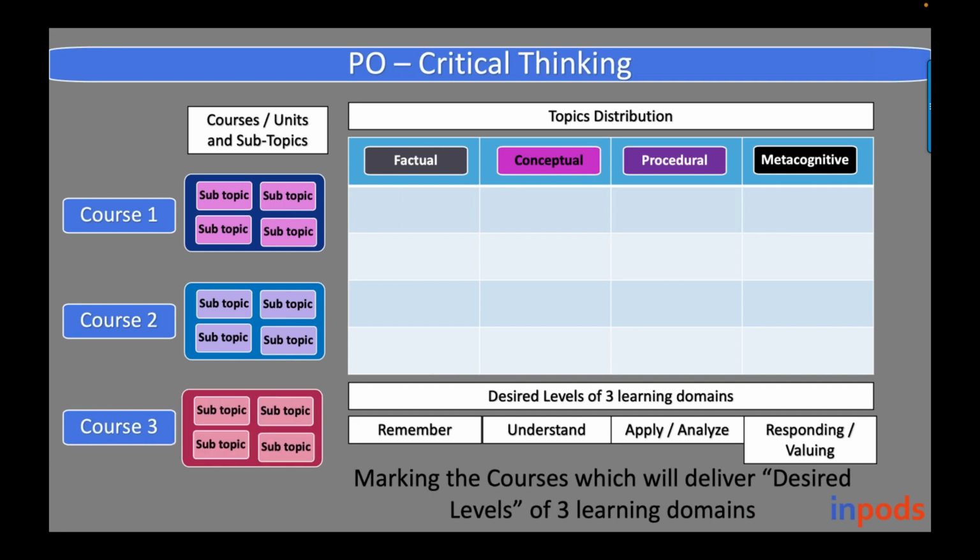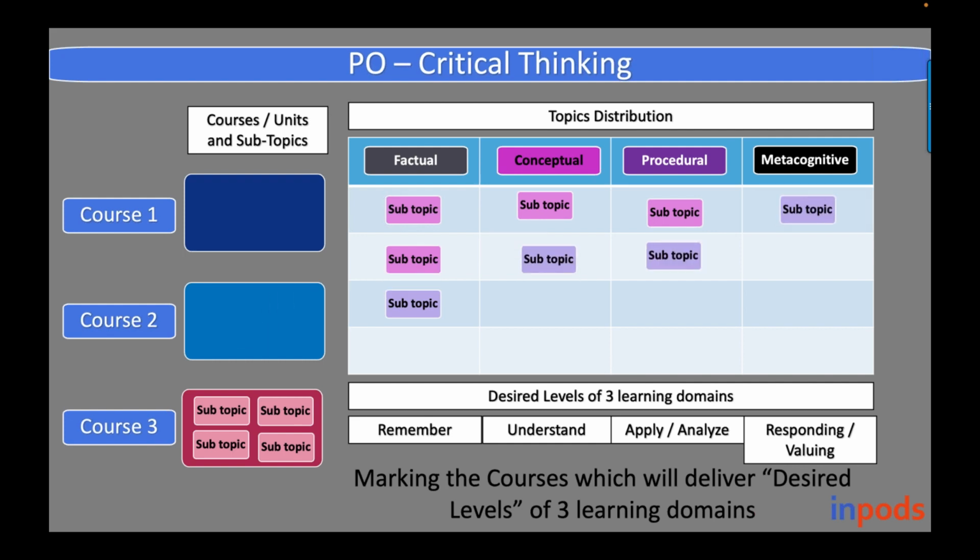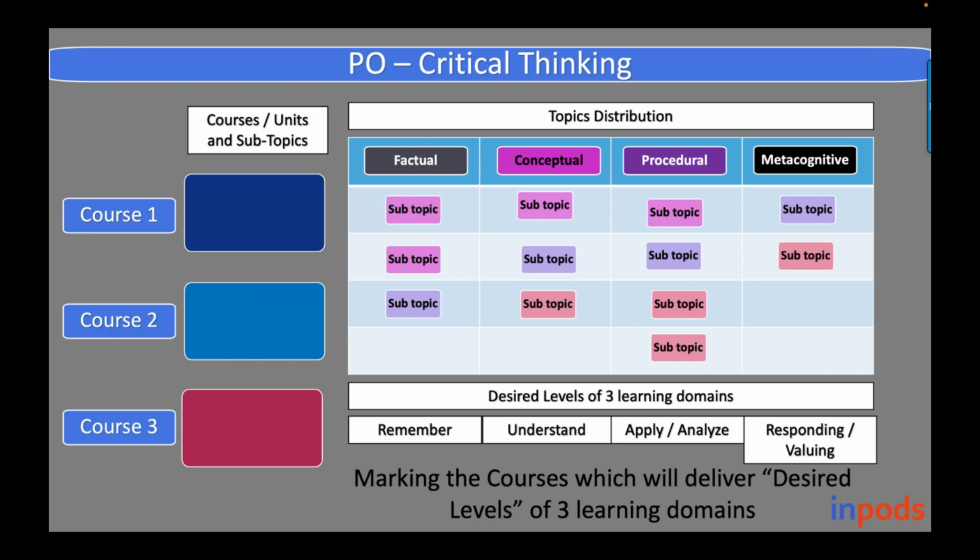Now you have to identify which subtopic belongs to which knowledge dimension. So you may have to identify your subtopics and exactly identify what is that procedural knowledge, what is that factual or conceptual knowledge, or the metacognitive level knowledge that you are delivering through your courses.